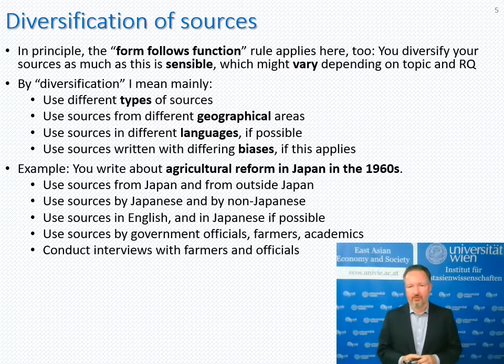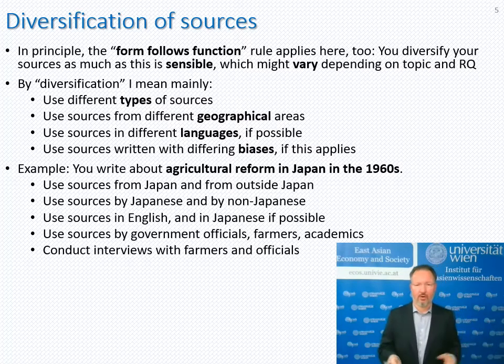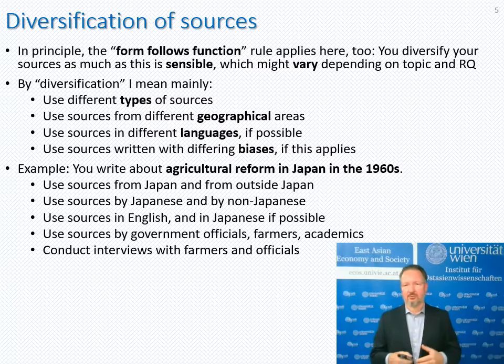For example, if you write about a controversy between party A and party B, surely you should use sources written by party A and written by party B, right? Not just party A and then decide on who is right and who is wrong. That wouldn't make sense, right? And the same goes for basically any topic where you have some different viewpoints, perhaps different schools of thought, and so on.